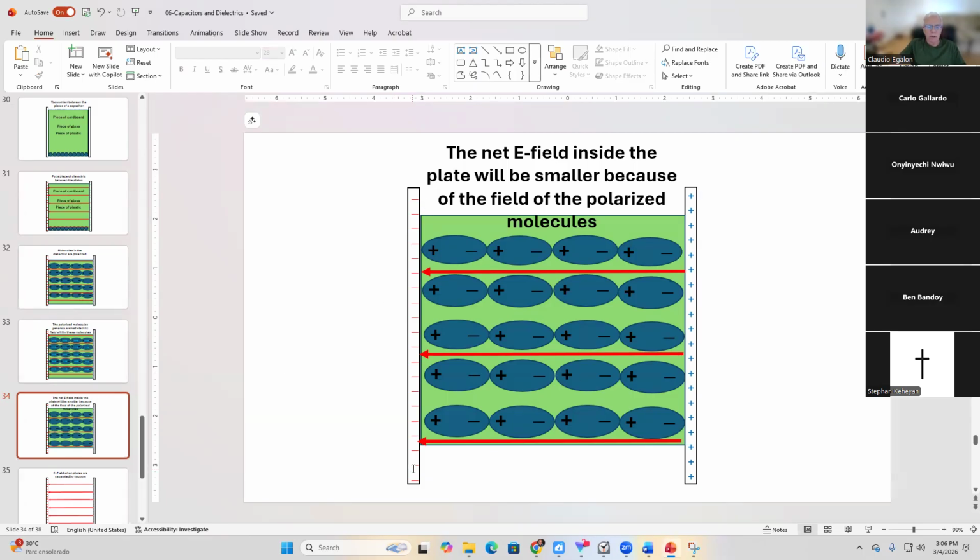You can see that when you insert the dielectric, those charges don't change, okay? The moment that I insert this dielectric, the charge doesn't jump out from the capacitor, nor does additional charge jump into the plate of the capacitor, okay? Notice that. I want you to think about that.